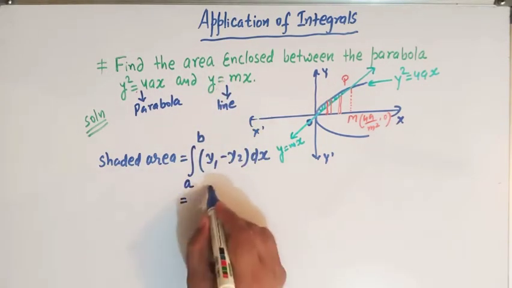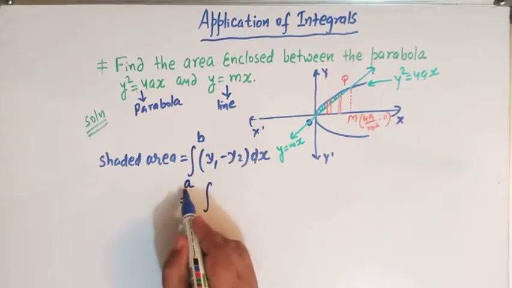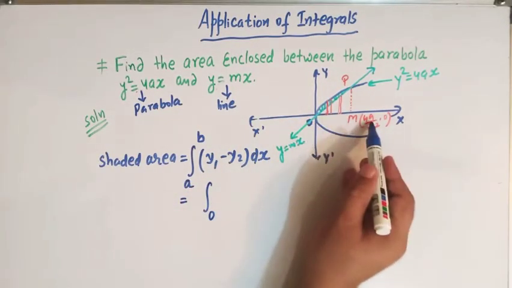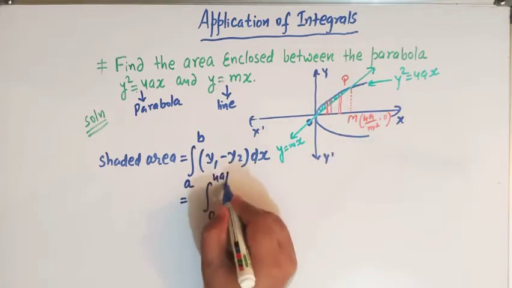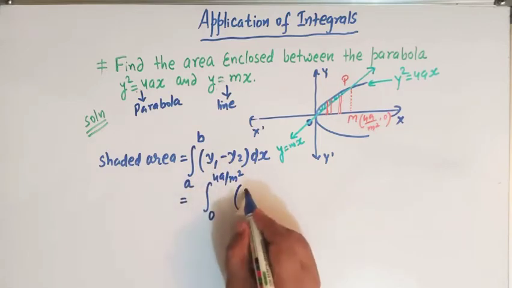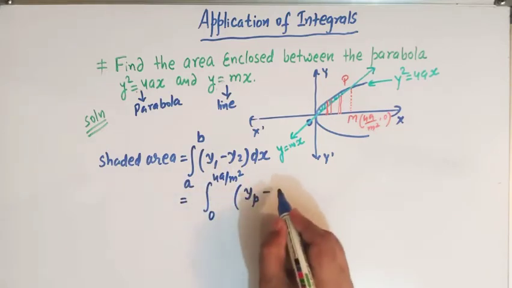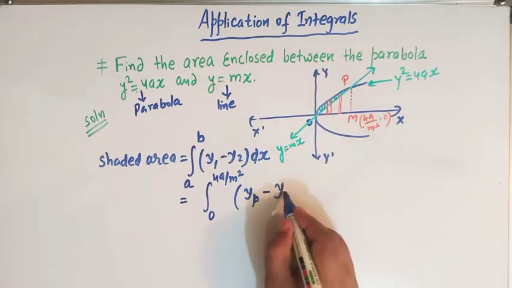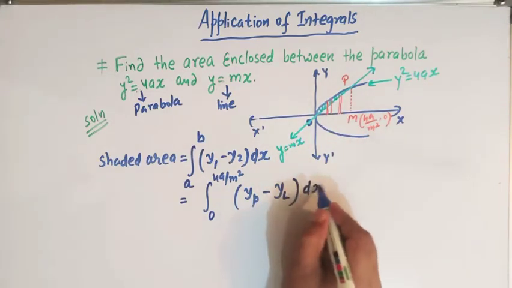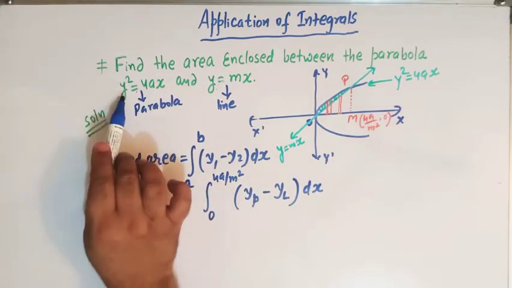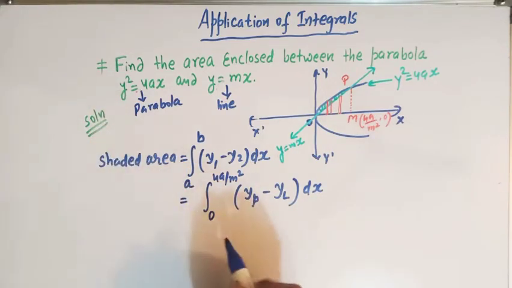So here it can be written as, because the value of a is 0, we are integrating from 0 to 4a by m square, and here for y1 we have the parabola, and for y2 we have the line, right? So here yp comes from this equation of parabola.